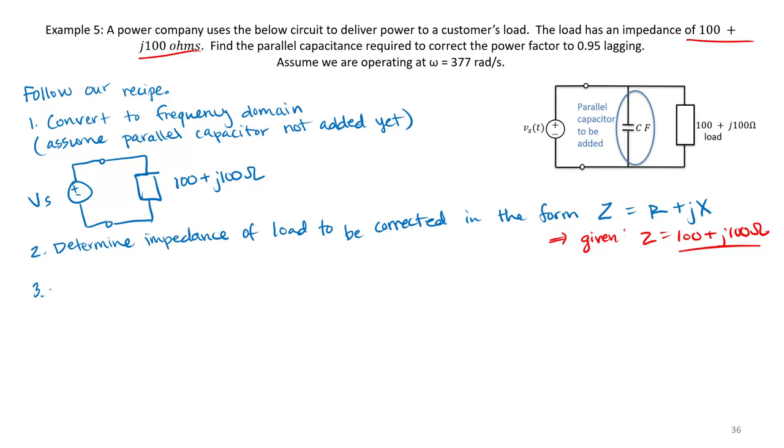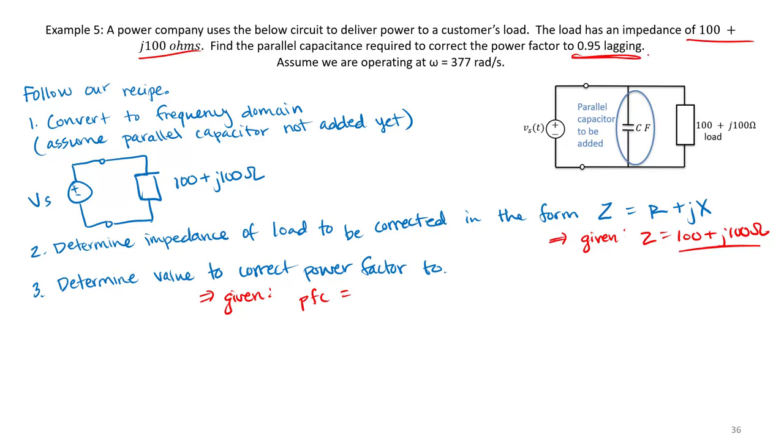Our third step is to determine what value we want to correct the power factor to. So in this case, this was also given. In this case, we want our corrected power factor to be 0.95 lagging.